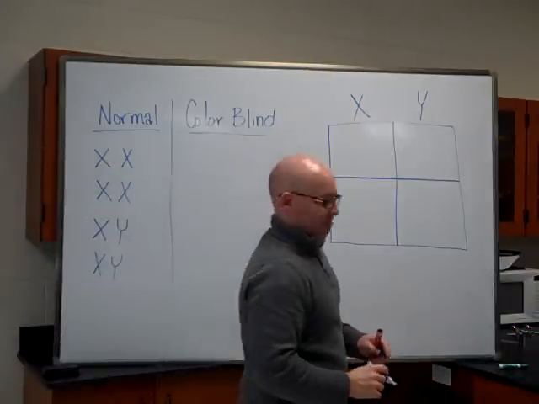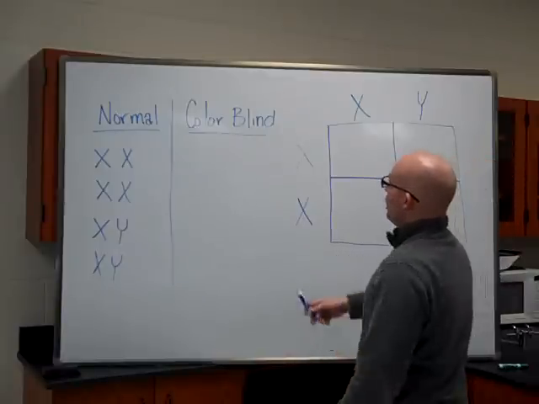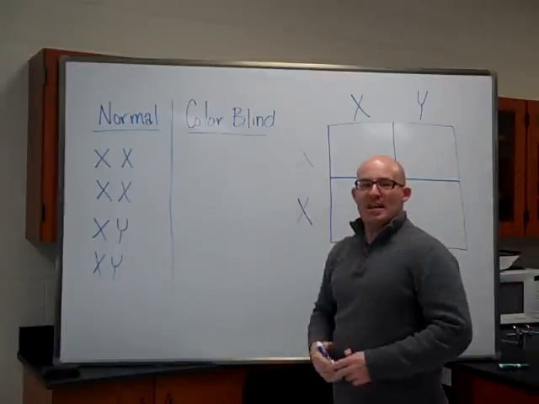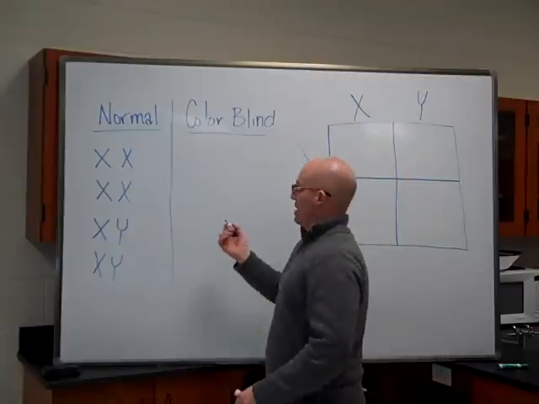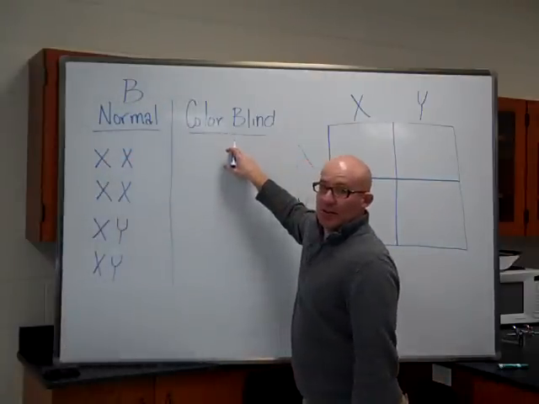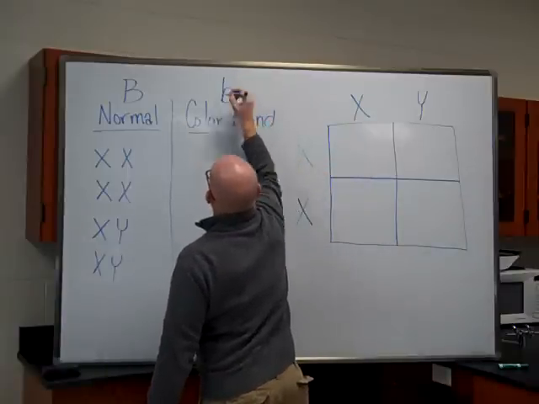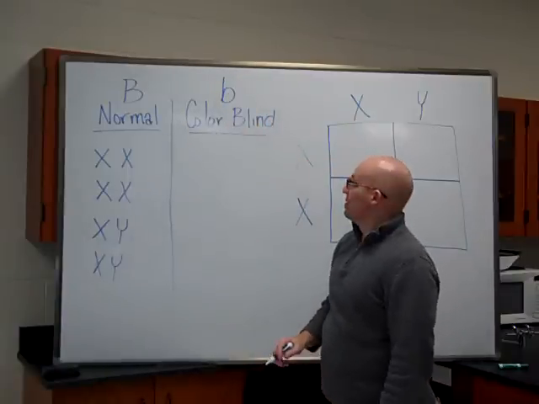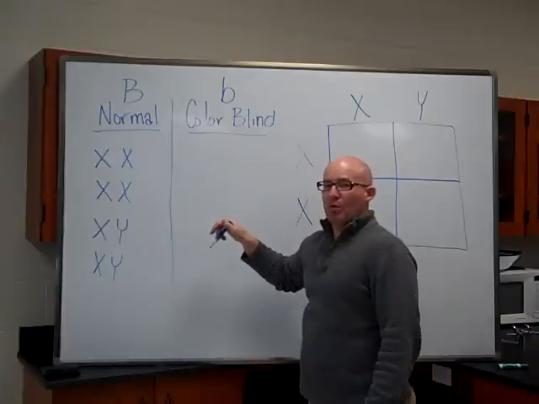I'll show you why in a second. Now, for color blindness, let's use B. Big B is normal. Little b is recessive. So it's a recessive disorder.